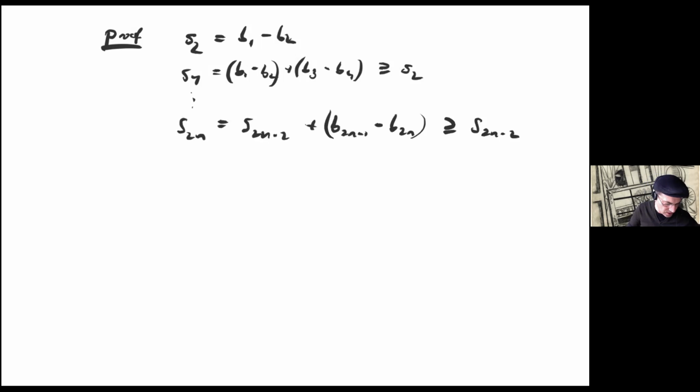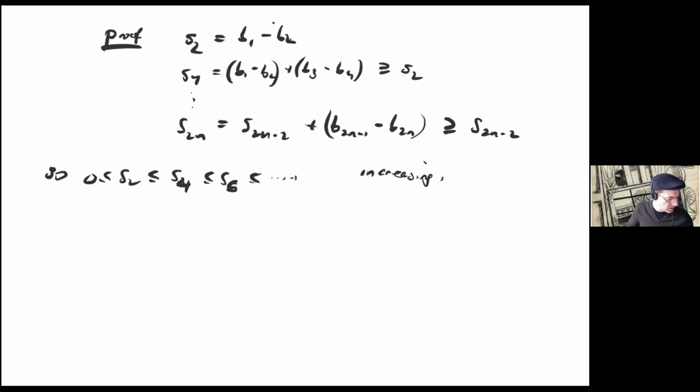What this shows is the following sequence of inequalities: S2 is less than or equal to S4, which is less than or equal to S6, sorry, I have to only look at the even partial sums. And that's the first fact. So this is increasing.